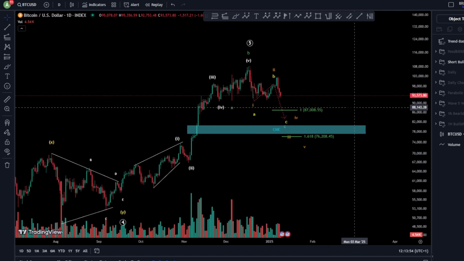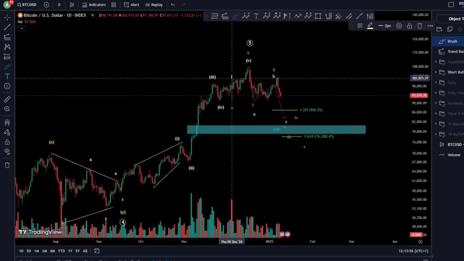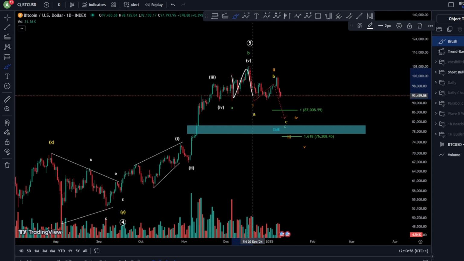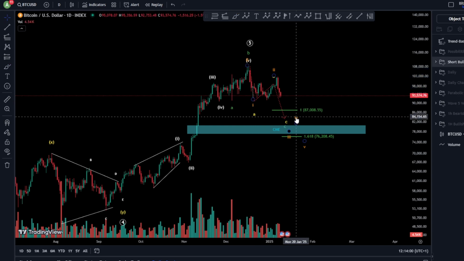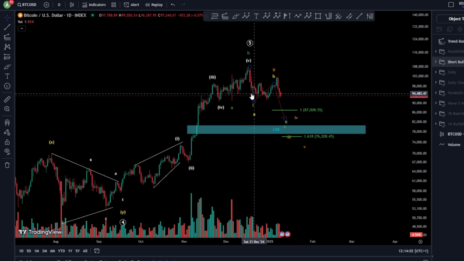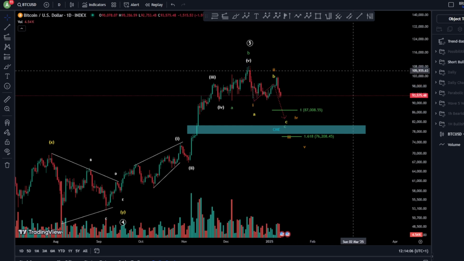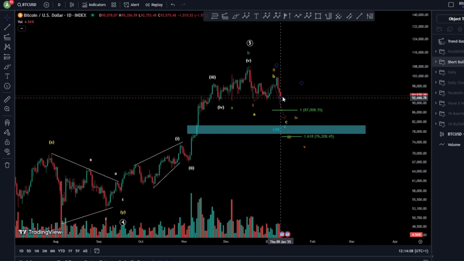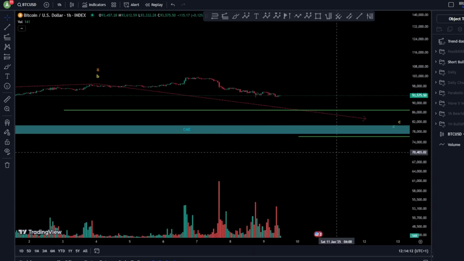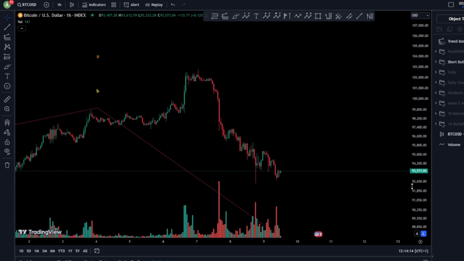And that is because of the scenario that we have in a W, X, and Y, probably finished a wave 4 here for your bullish scenario, and then 1, 2, 3, 4, 5. Everything is possible, so we have to watch what's going on the 1 hour chart. So let's go and see what's going on here.